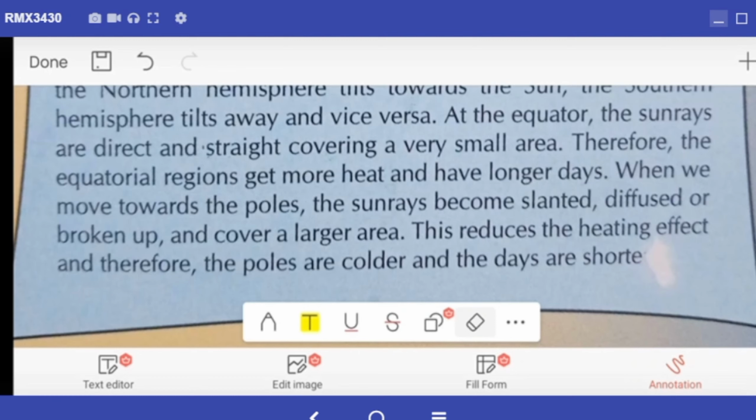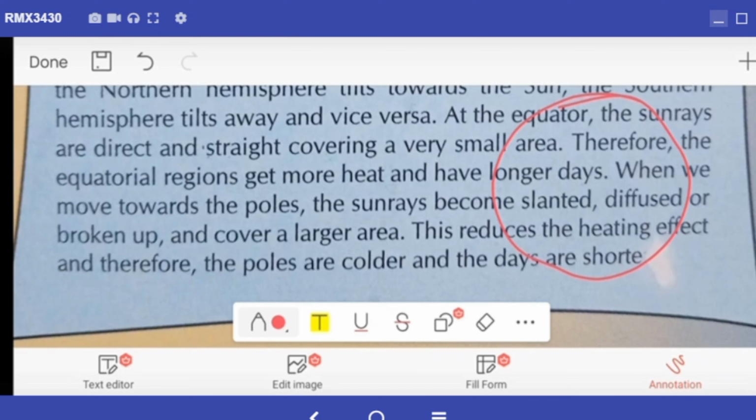Let me draw once again. This is our earth and this is the sun. If the sun rays come toward the earth, and this is the equator, the equatorial region gets more heat in comparison with this region. Let me change the color.